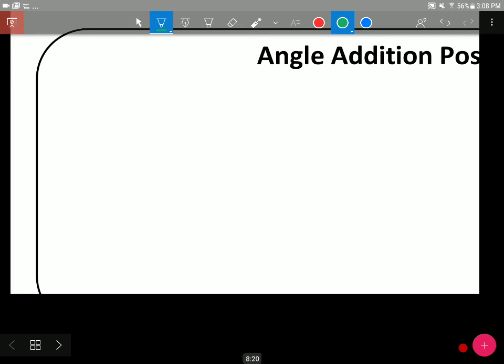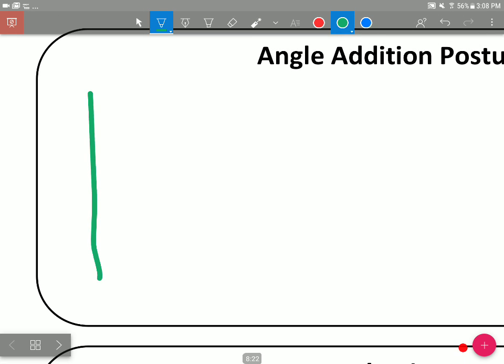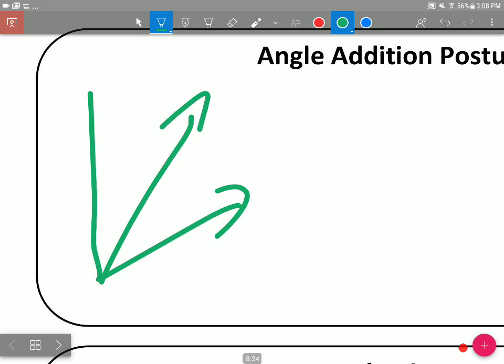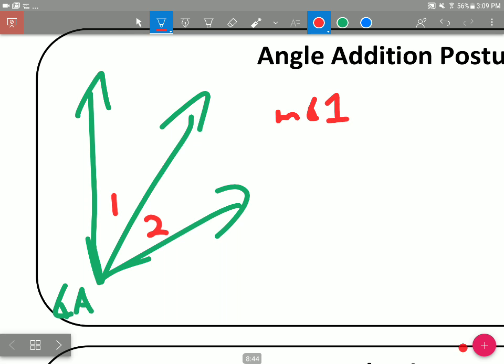If I take, given two angles, I'm going to call them this angle 1, this angle 2, and I'll call the whole thing angle A. Basically, if I take the measure of angle 1 plus the measure of angle 2, that will equal what?